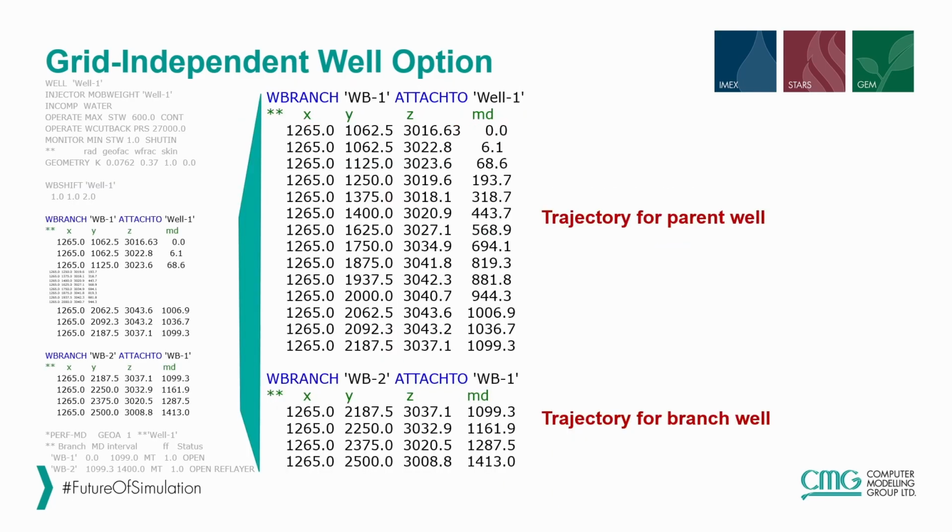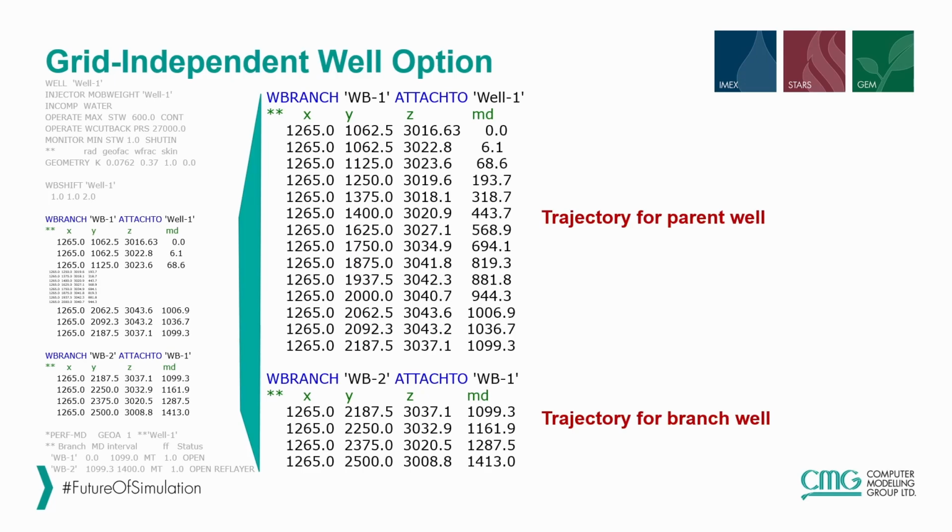Now, we need to define the well branch trajectory. For this, we use the WBranch instruction. In this case, we define the branch name, which must be unique in the dataset. After that, we input the name of the branch parent, or for a main wellbore, the well name.